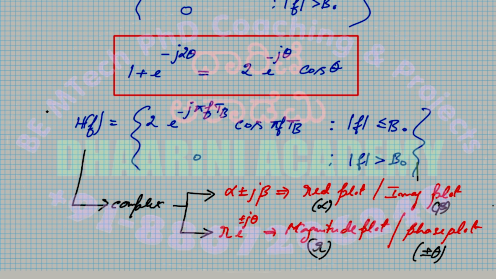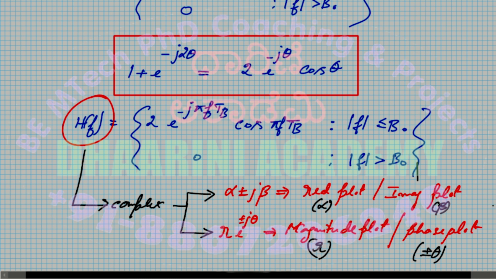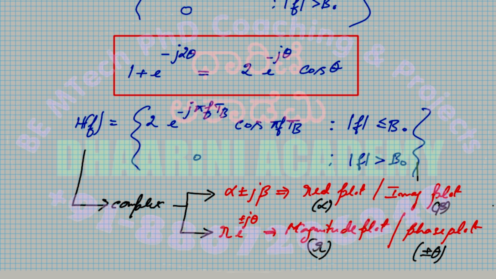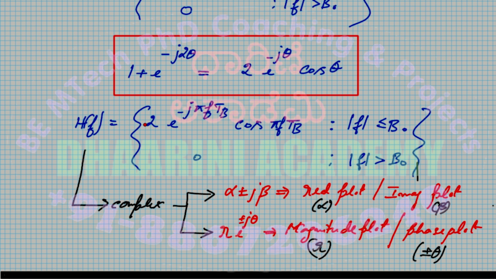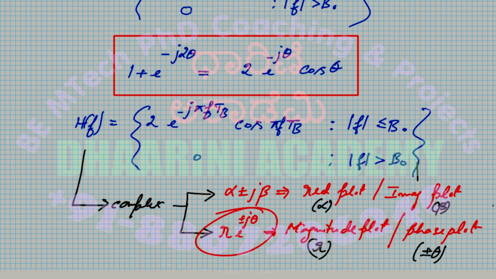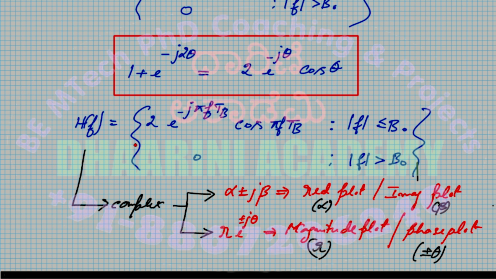Right, now you see, I'll come back. Why did I tell this? Because I need to know what I am plotting and why I am plotting. So you see H of f, which is definitely complex. Now you should be able to identify that my function is in this format. It's r into e to the power plus or minus j theta, where r is this part, and whatever you have is the e to the power plus or minus j theta format.